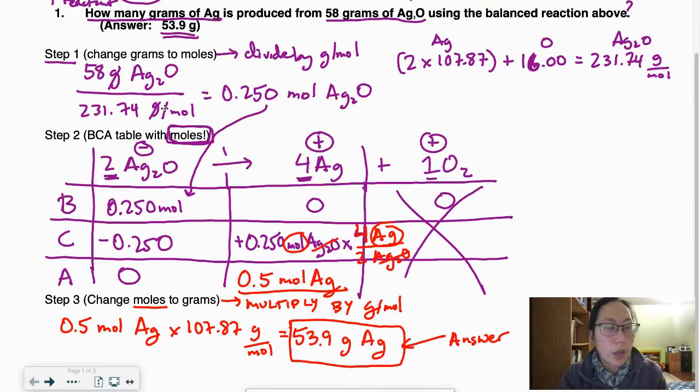Second step, take the moles that you got in step 1, put it into your BCA table, and fill out the part of the BCA table that you need to answer the question, right? We didn't need to figure out the O2, so I just crossed that out. We just did the Ag part. Once you find the moles from the BCA table, step 3, change those moles into grams. Okay, then box your answer and indicate that that is the answer to the question.